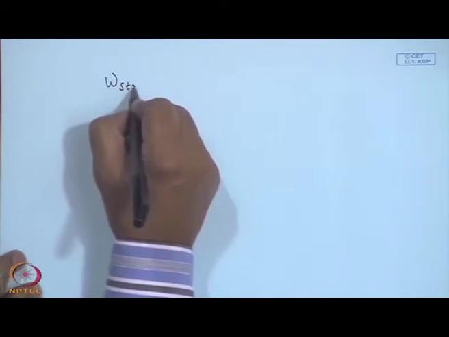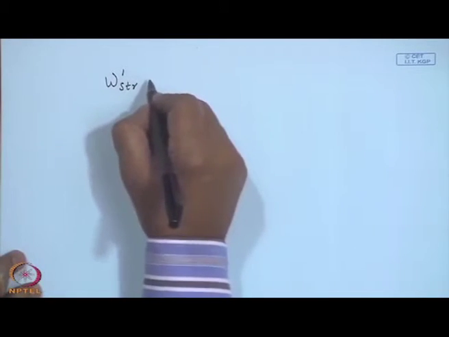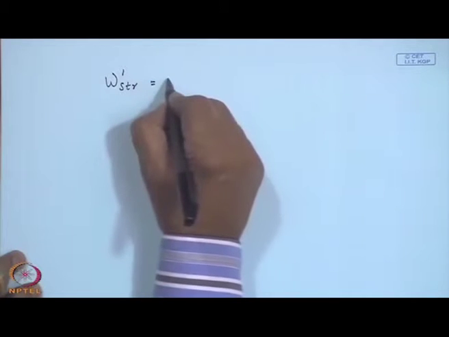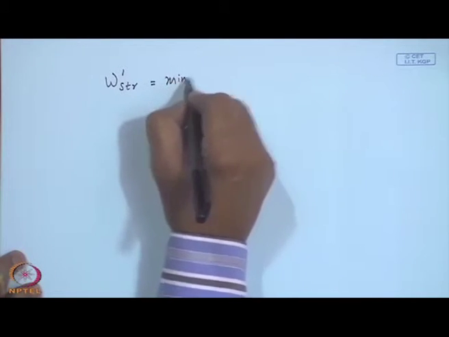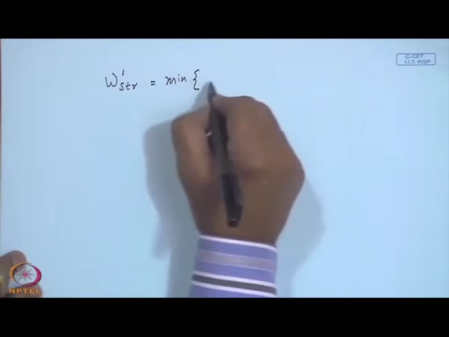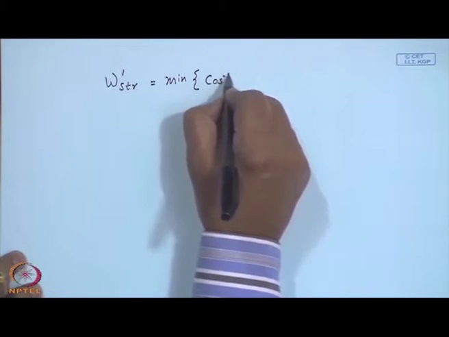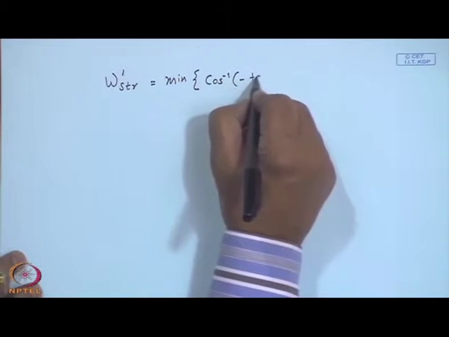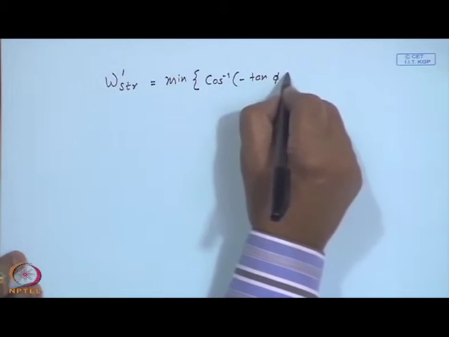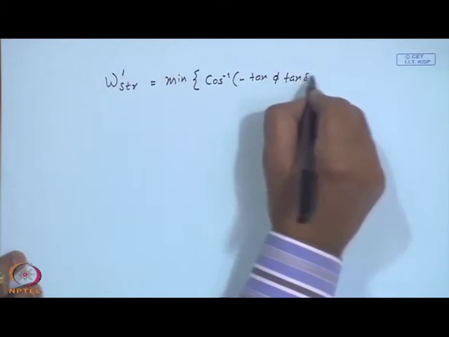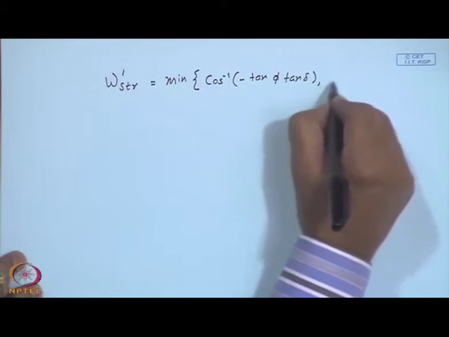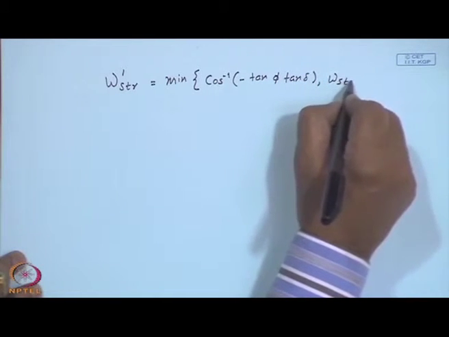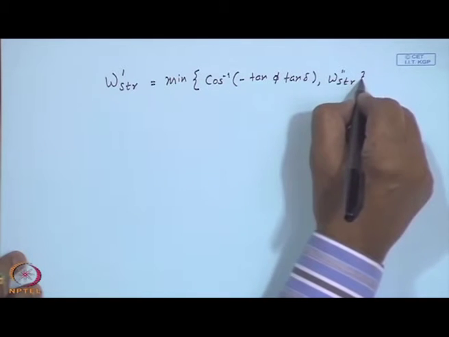So, you have got finally omega S Tr dashed should be equal to minimum of cos inverse minus tan phi tan delta and omega S Tr double prime.